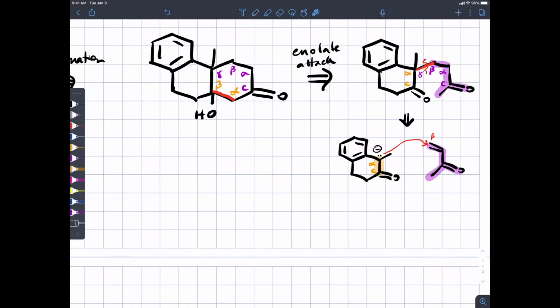I think you're wondering, could we not have broken it up this way, alpha and beta and gamma, and tried to make this bond? Yeah, the thing that prevents that here is the presence of this methyl group. You could not have a double bond here between alpha and beta and still have that methyl group there.